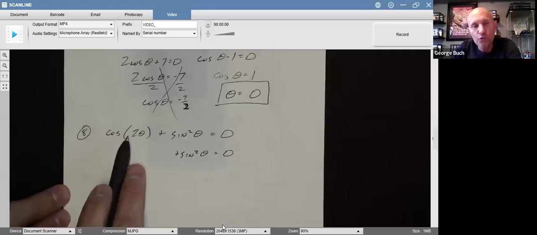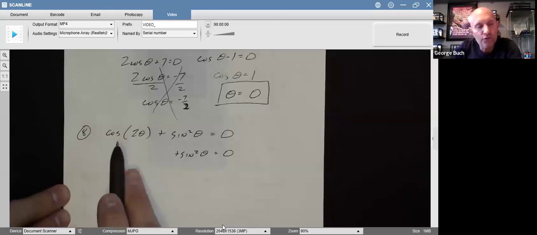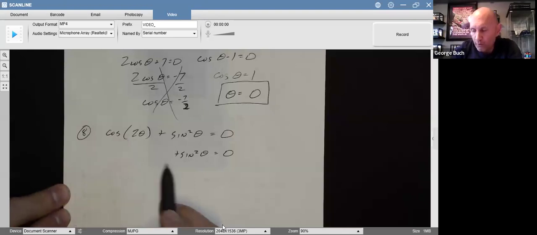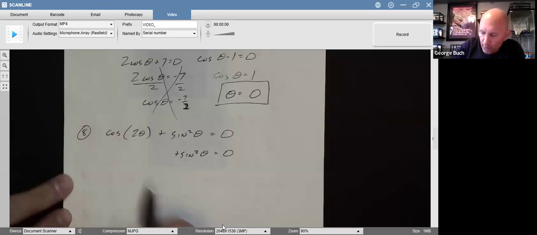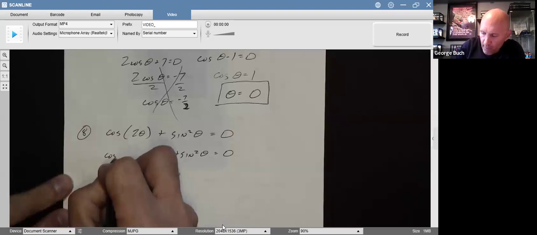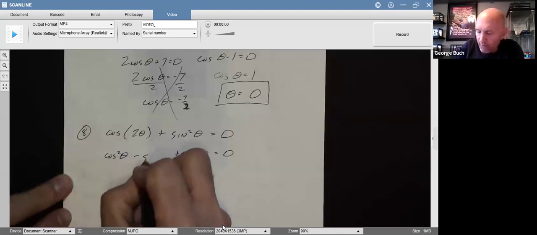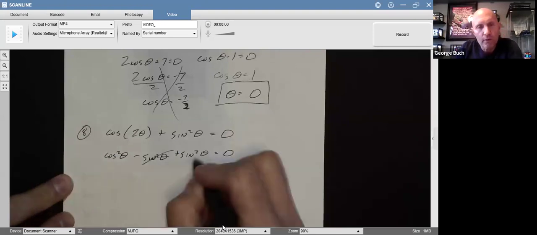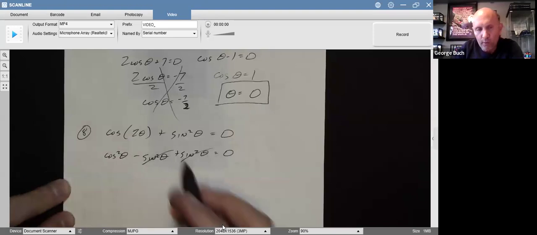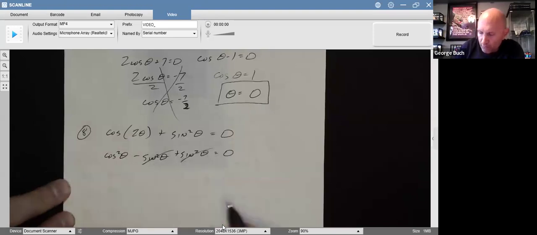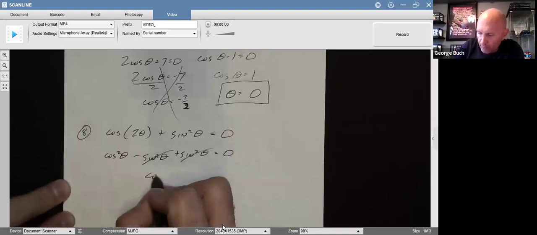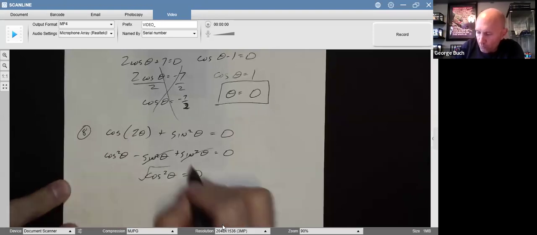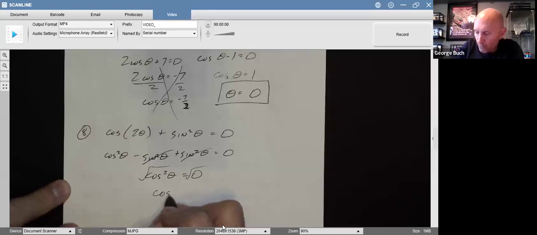I could choose the 1 minus 2 sine squared theta, but one of the other options is what? Cosine squared theta minus sine squared theta. So what happens to these two? They just cancel out. Sine squared minus sine squared is gone. So I have cosine squared theta is equal to 0. Take square root. Cosine of theta is 0.